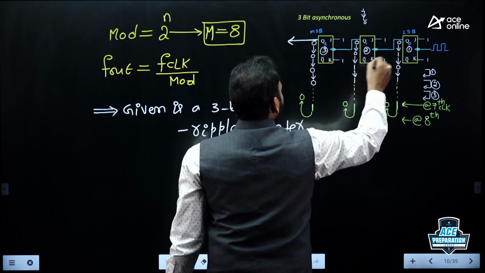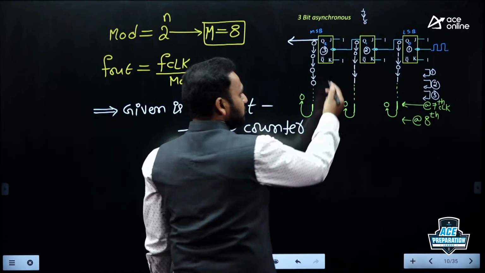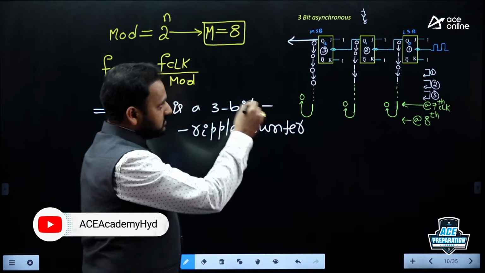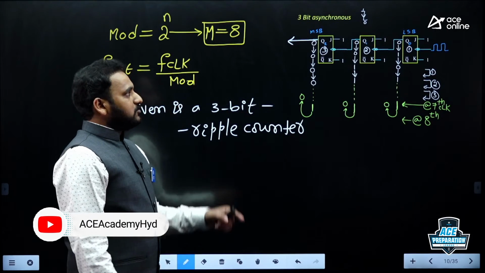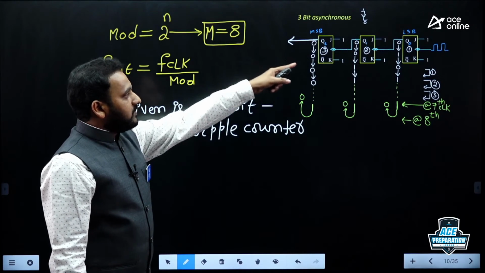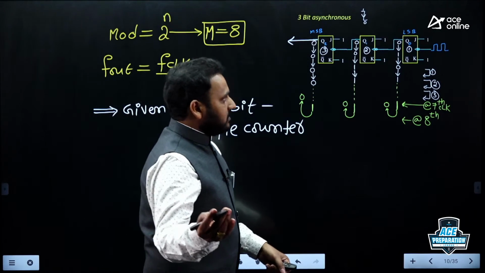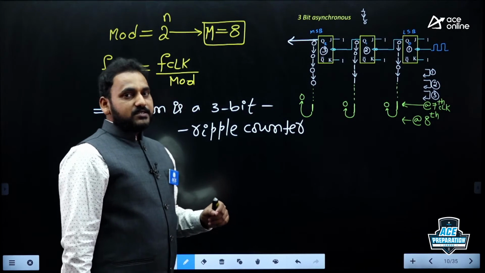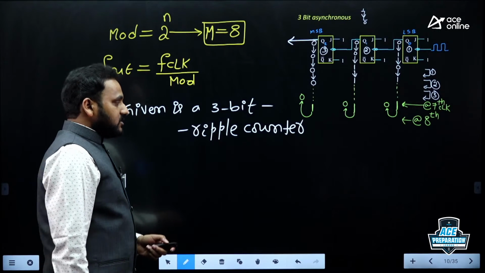So first you should find the modulus number. As there is no external circuit, we can directly use the formula. As it is a 3-bit asynchronous counter, 2 power 3, the modulus number is 8. So output frequency equals input frequency divided by 8; with 8 kilohertz, the output will be 1 kilohertz.